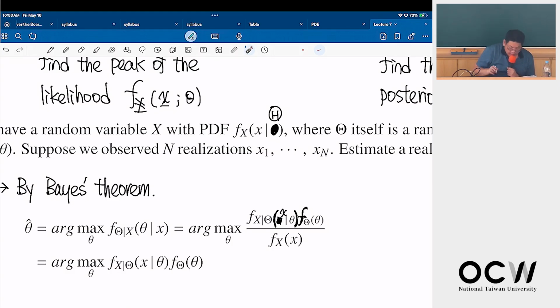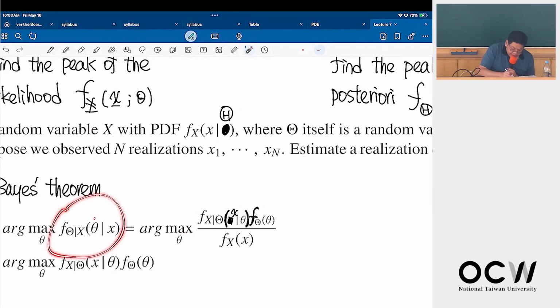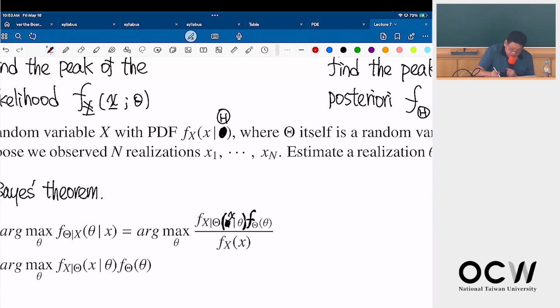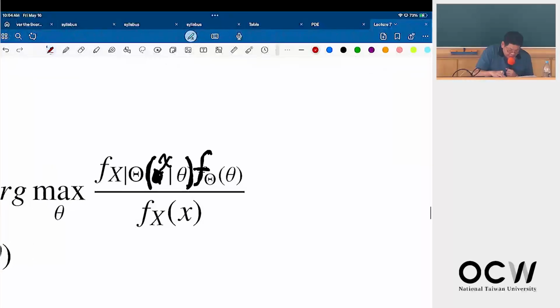And you can see that we try to find the theta to maximize this PDF. So the denominator, this term, is independent of the maximization. So we can get rid of that.